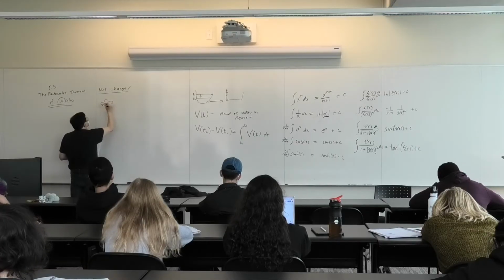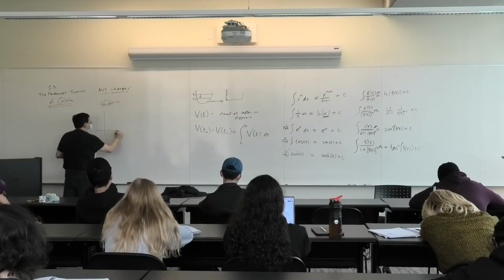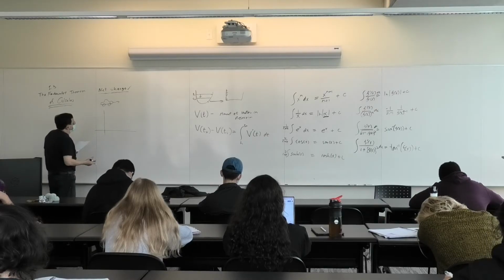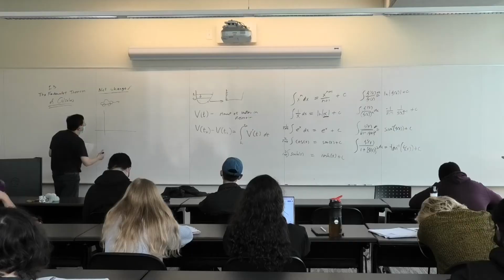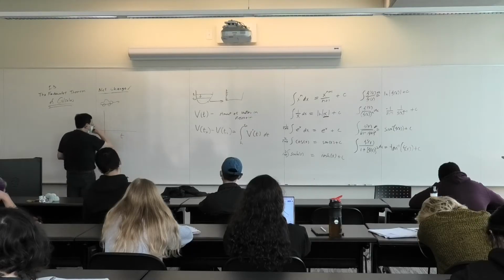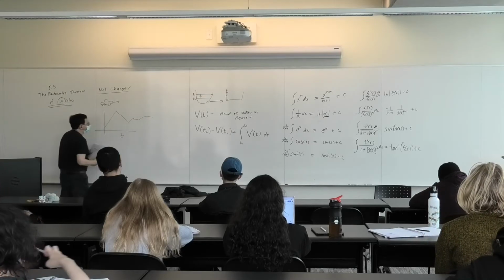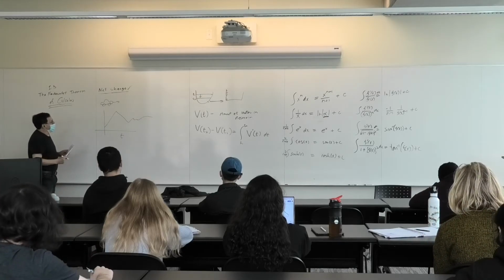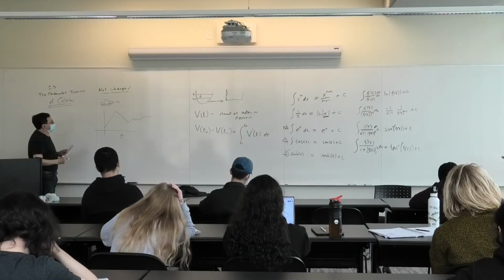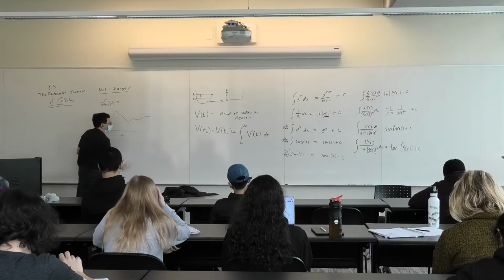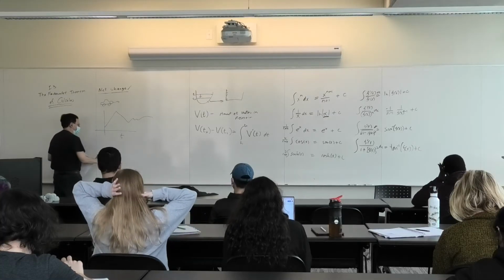My little diagram here, and there's some kind of displacement over time for that car. And you have an odometer you can measure this with. That's one way to measure it.